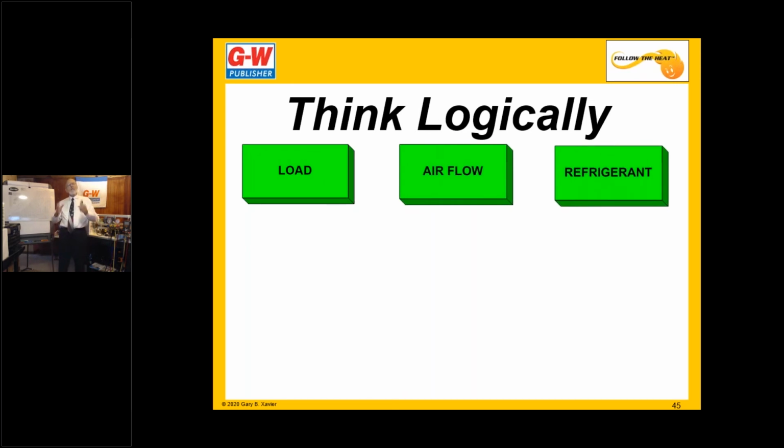Now, if we want to think of it logically, then isn't it logical to do the easiest ones first? To look at the easiest ones first? Why would I want to get out my refrigerant, get out my gauges, and start adding refrigerant to the system if I don't know for certain that that's my problem? That's not logical. So start with the easiest ones first.